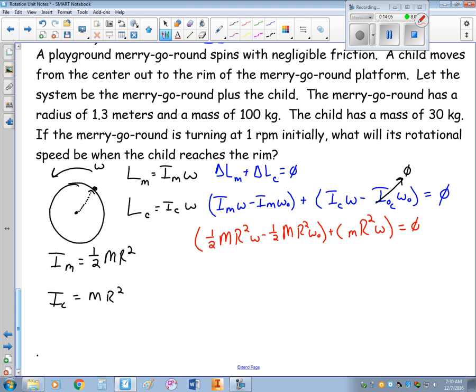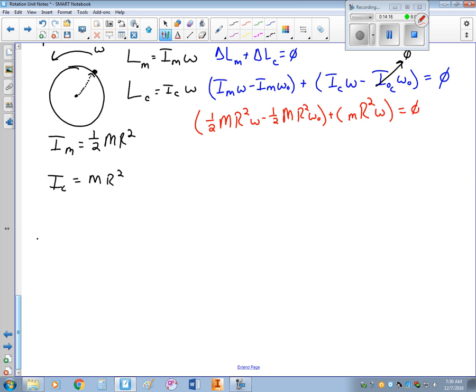I'm trying to use a capital M for the merry-go-round and a lowercase m for the child. Looking at this, I hope you see that the parentheses could go away.